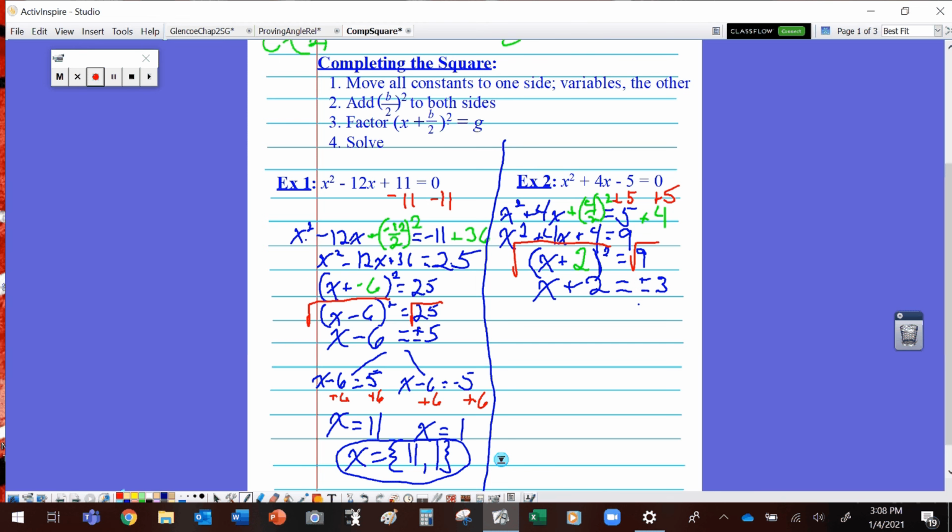But when we take the square root, remember, you're always going to have a positive and a negative root. So we always need to make sure that we have both of those accounted for, because right now, we need to make our two separate equations. So we have x plus 2 equals positive 3, and x plus 2 equals negative 3. Okay, and now we solve each of these. So I'll subtract 2 from each side.